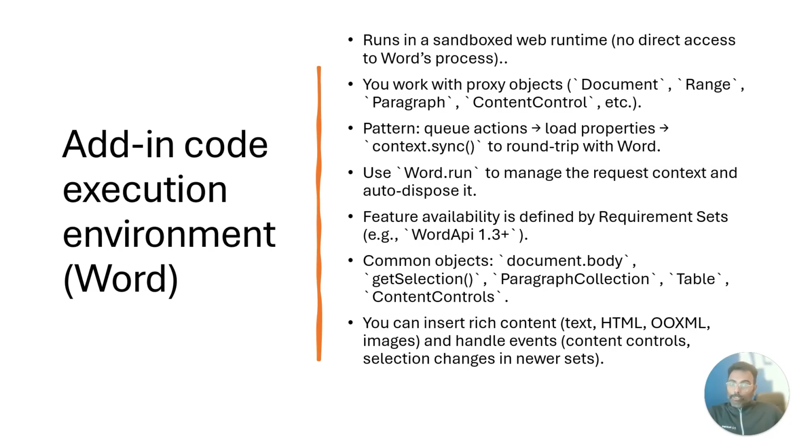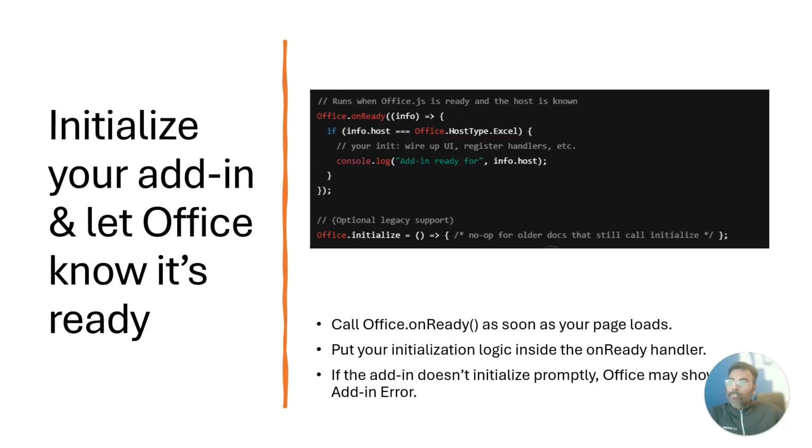For example, if you want to get a selection, you can use the getSelection method or the common object. If you're working with tables, you can use the tables. You can also insert rich content such as HTML, images, charts, etc. into your Office application right from your add-in. Now, when I say all of this, this might be a bit confusing. Don't worry, we have examples to follow which talk about this in much more detail.